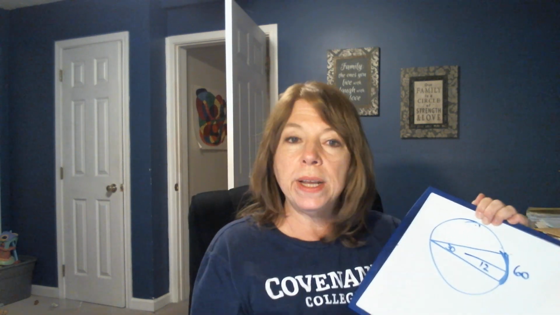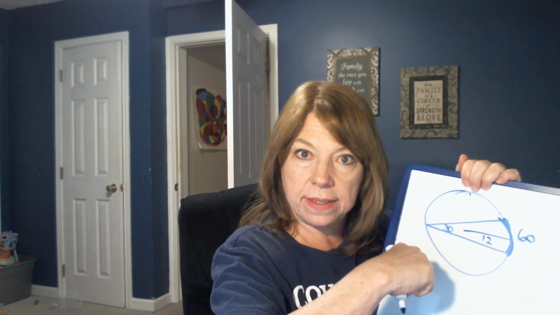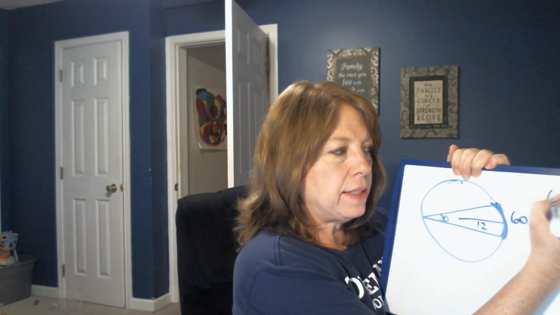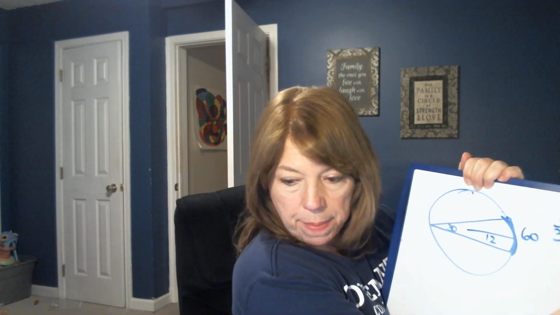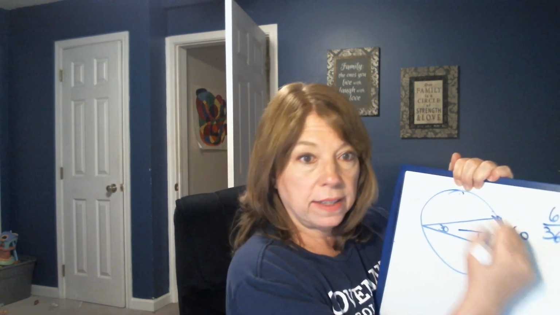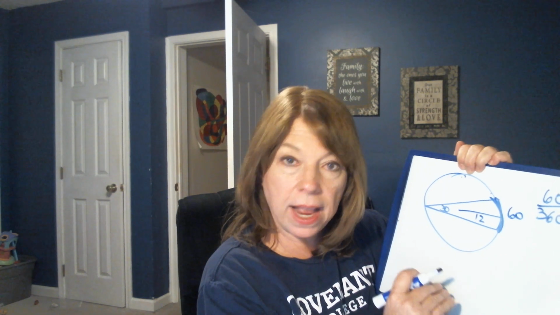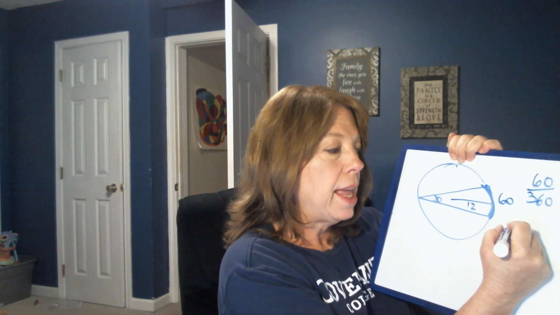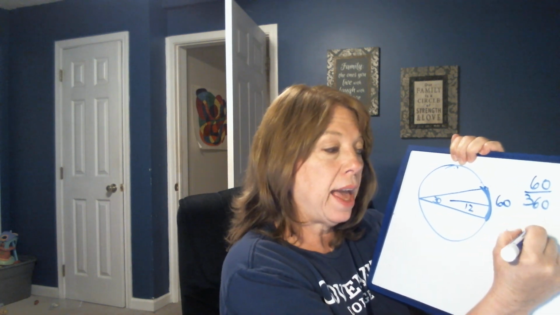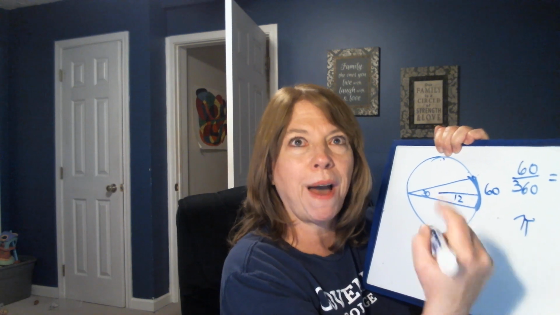We're going to need to figure out what part of the whole circle this is. It's 60 degrees, and the whole circle is 360, so this is 1/6 of the entire circle. Can we figure out the circumference of this circle? Yeah, we can, because we have the radius. The formula for the circumference is pi times the diameter, or 2 pi r.